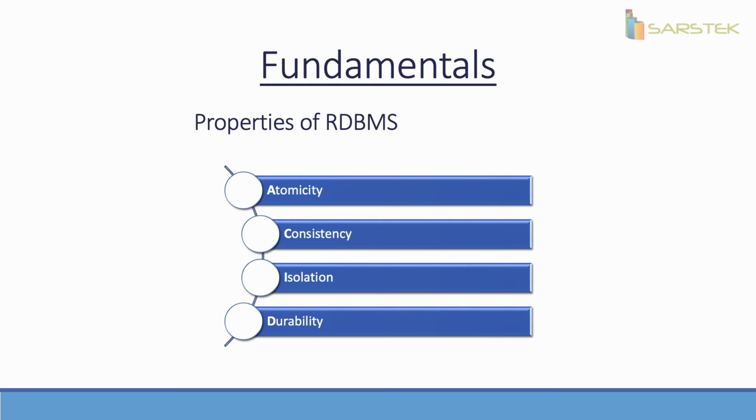Let's suppose one transaction is doing something and it has a series of actions, like creating a table, then inserting some data, and then updating something. When it is doing those things, it will ensure that either it completes everything or it does not do anything.